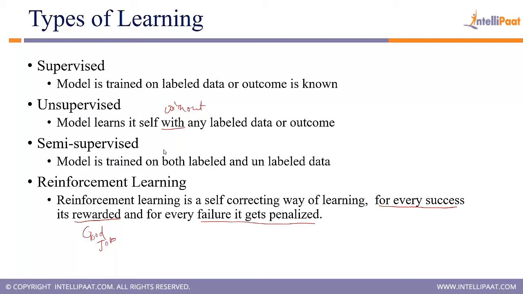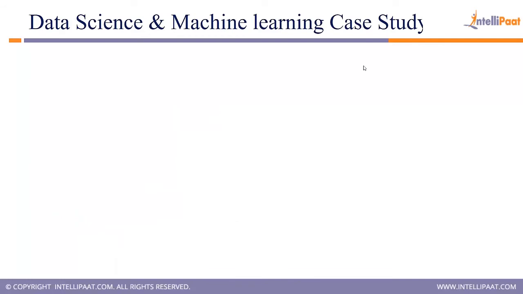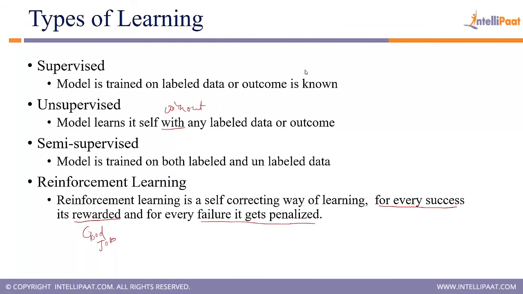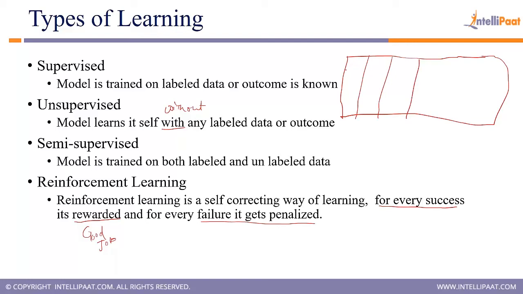Label data in the sense you know the outcome. All right, I'll just put down some examples for this label data. Let's consider data of a bank. I'm bad at this drawing, I will just put in some information here. So this is your Y value or prediction value to be taken care of.